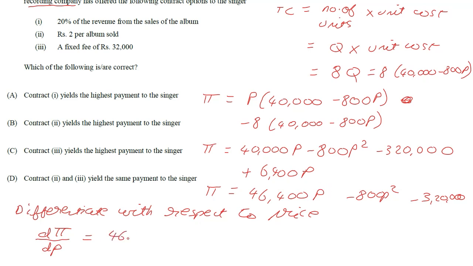The p squared becomes 2p, and it's a minus, so minus 2p into 800. And this is a constant, so we end up with 0.